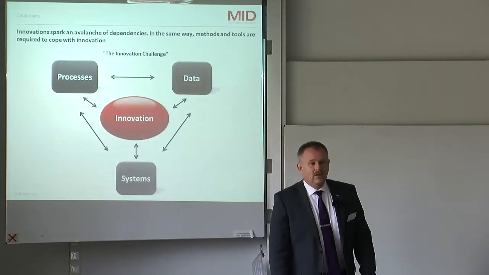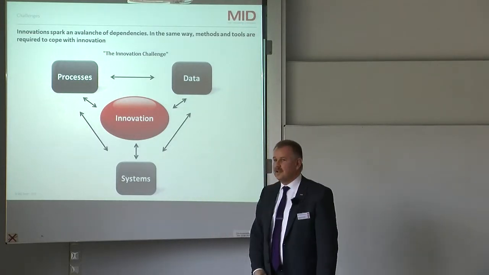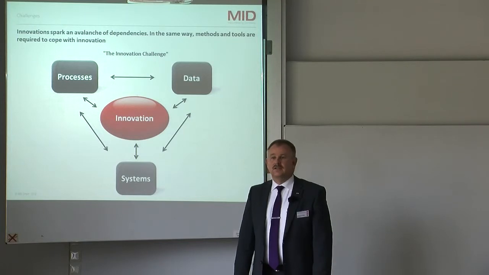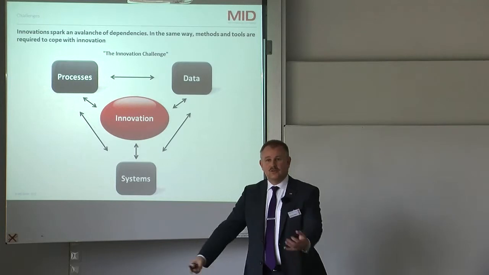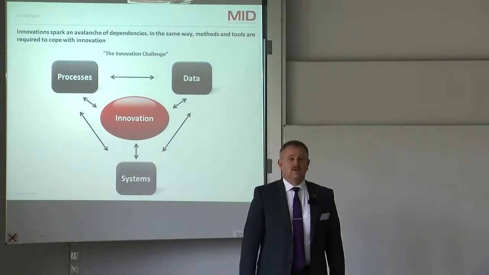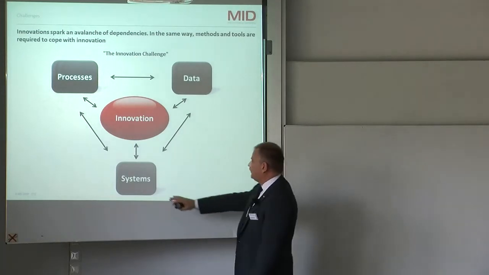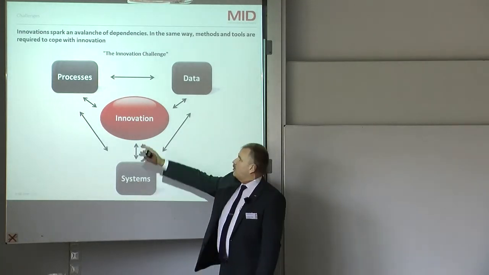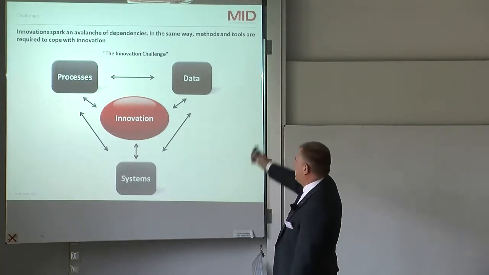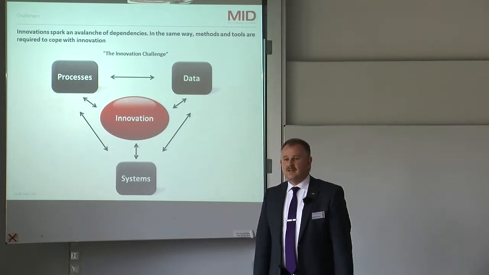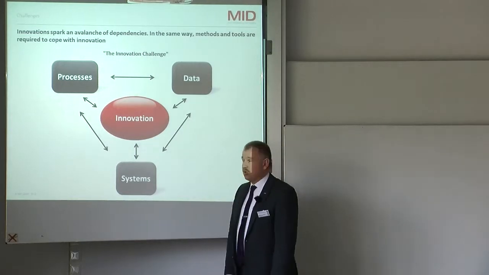We collect all information together for the innovation challenge, and the innovation challenge needs to collect information about the processes which have to change, about the data which is stored during processes, and the systems, mostly the IT systems, which handle the processes or run the processes and store and manage the data. All three parts together must be kept in mind or must be captured during the innovation challenge.